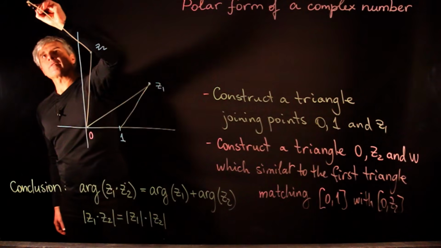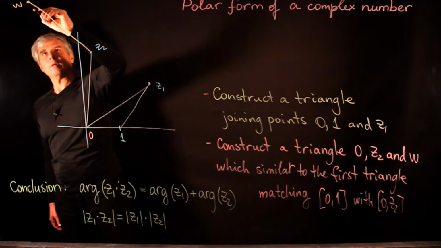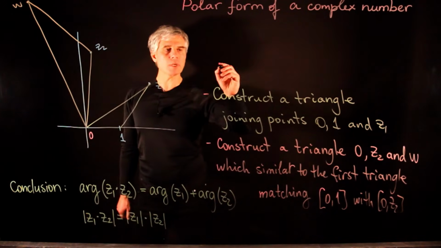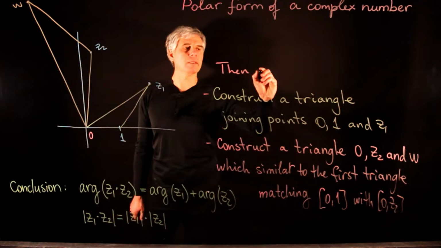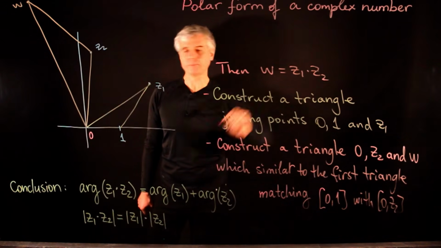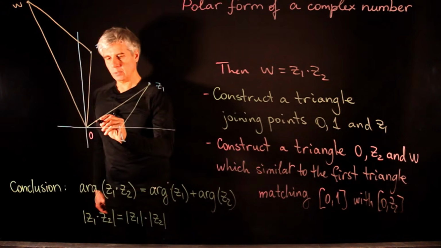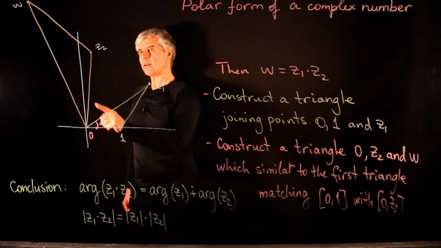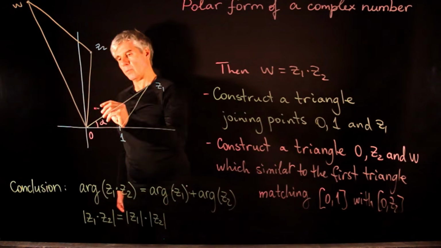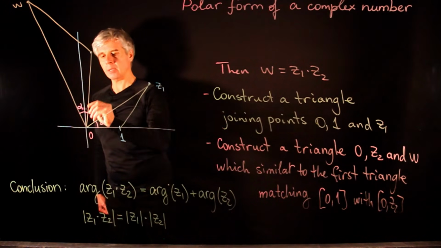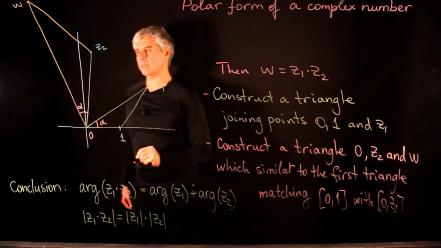So here we will have vertex w. Once we do this, we obtain that w is z1 times z2. Indeed, if this angle is alpha, then the argument of w will be the argument of z2 plus the argument of z1, which is alpha.